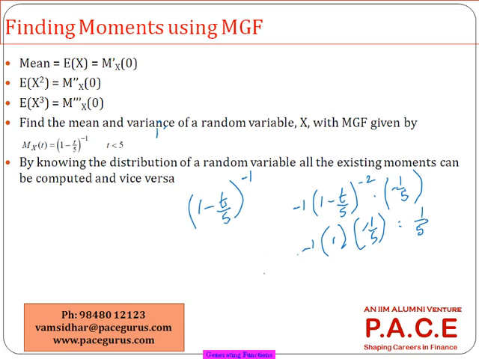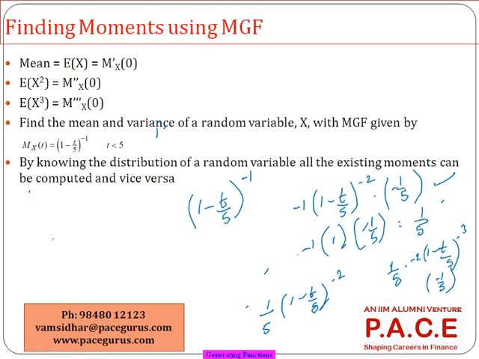Now how do I find expected value of x squared? I'll take this and again take the derivative of this. So this value is nothing but 1 by 5 into 1 minus t by 5 to the power minus 2. For this I have to take the derivative, so I will take this as constant. I am taking out. The derivative is nothing but minus 2 into 1 minus t by 5 to the power minus 3. And inside one I am again doing it as minus 1 by 5.